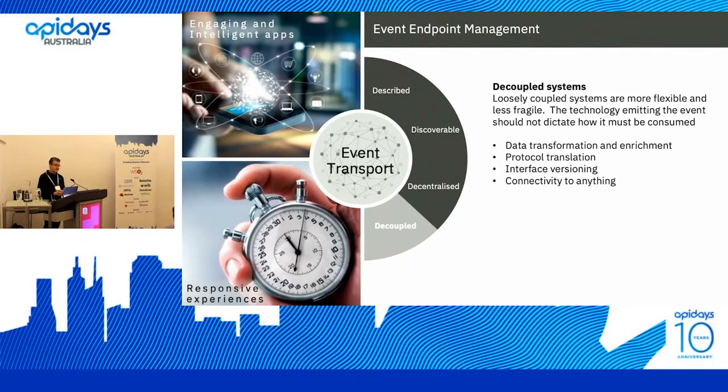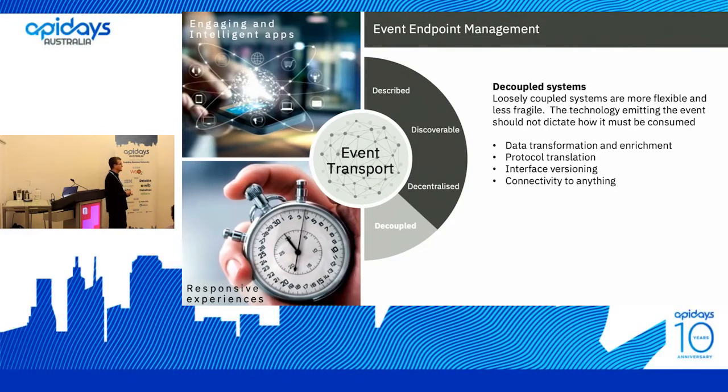The final area to talk about is, in fact, decoupling. So not just making the events available, but giving some other services to those consumers. We might think about things like data transformation and enriching, and you might do that as part of exposing the service.